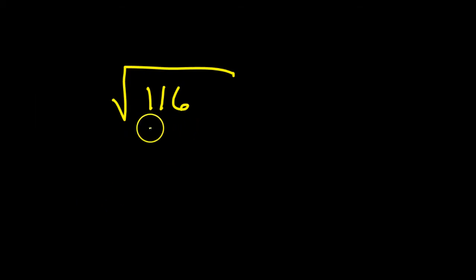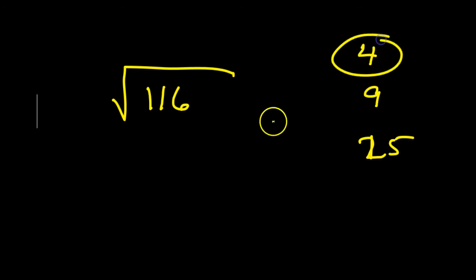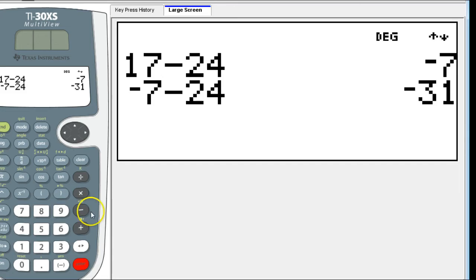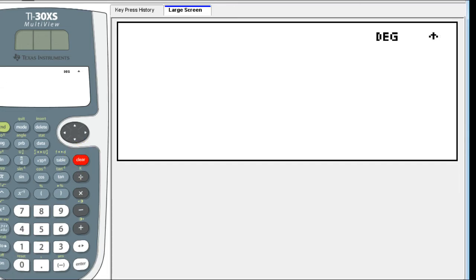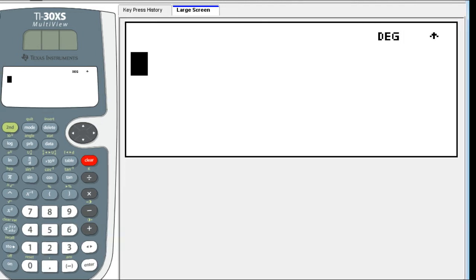Now if you wanted to simplify radical 116 without using a fancy calculator, only a 4-function calculator, you'd have to find a perfect square like 4 or 9 or 25 that divides evenly into this. 4 would be a good place to start. So pretend this is a 4-function calculator and do 116 divided by 4.